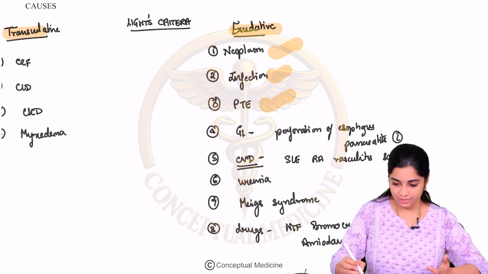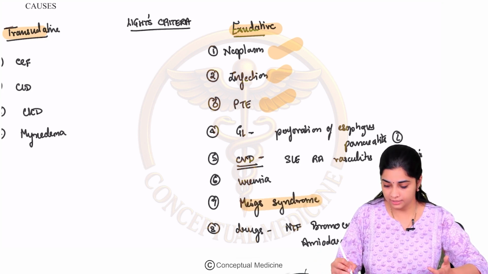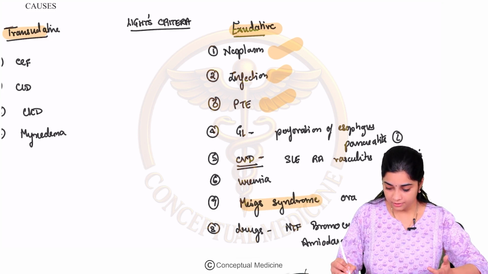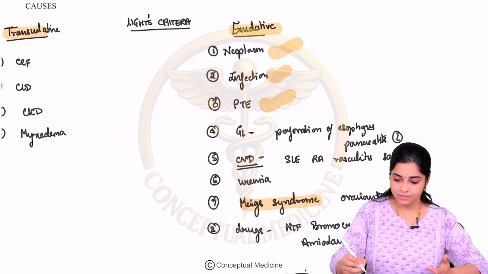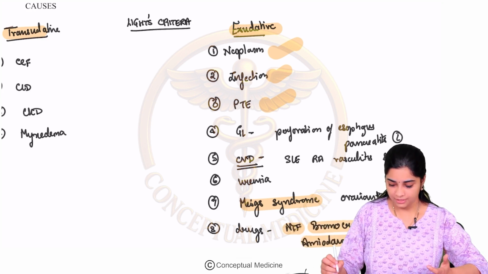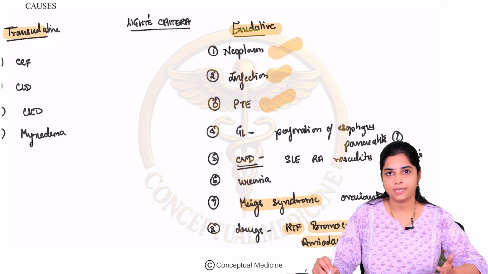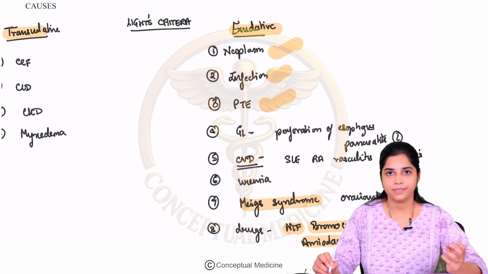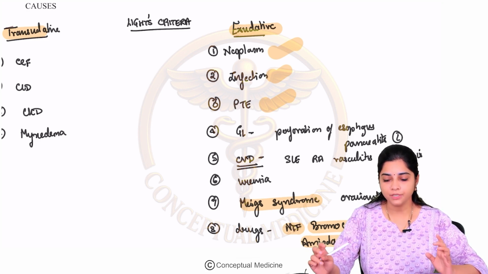Then we have something called Meigs syndrome. Meigs syndrome is basically an effusion that arises secondary to ovarian tumors. Then remember, drugs that cause effusions include nitrofurantoin, bromocriptine, amiodarone and dasatinib. Then radiation induced and injuries like your hemothorax or pneumothorax during an RTA can be associated with effusions. Okay, so that is about the different causes.